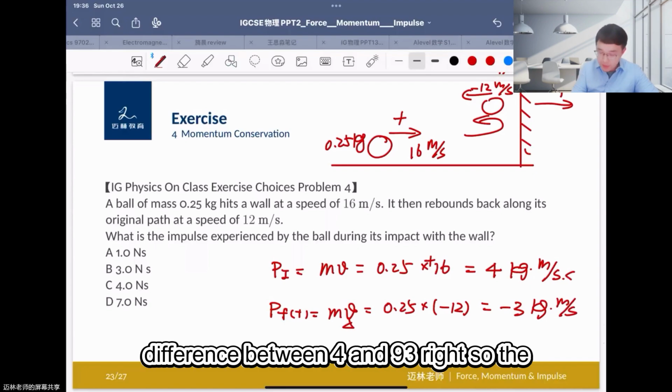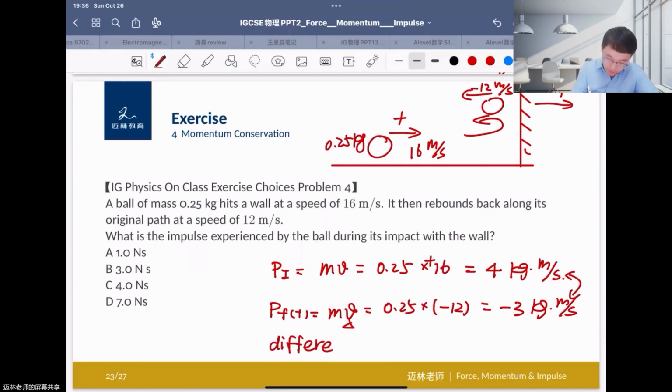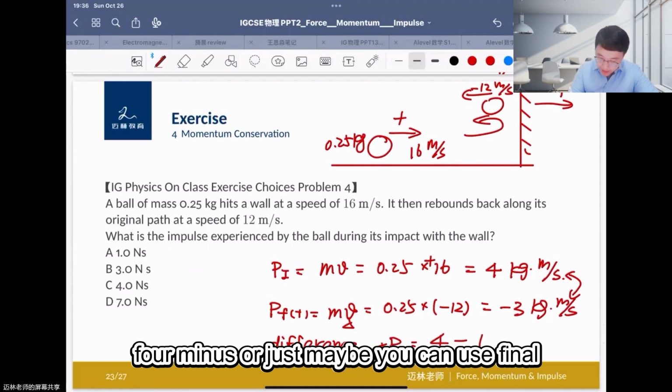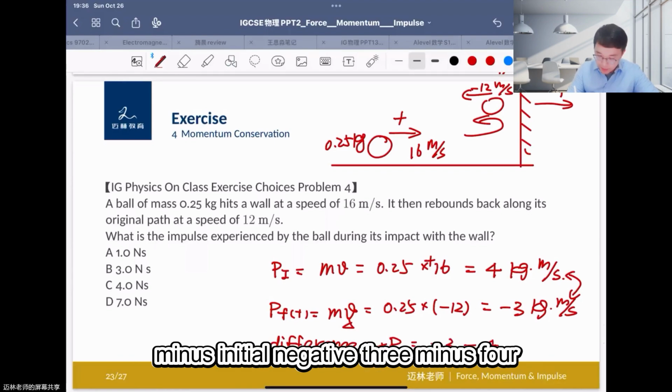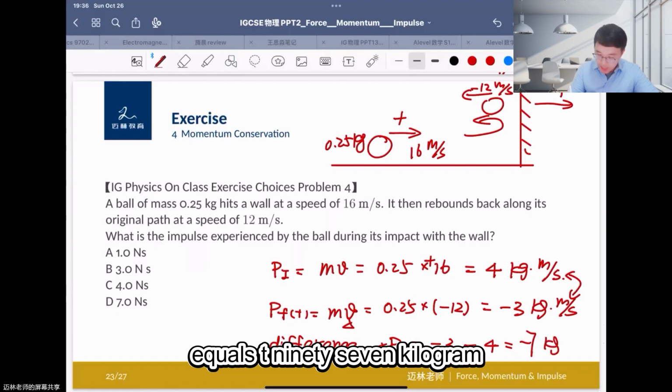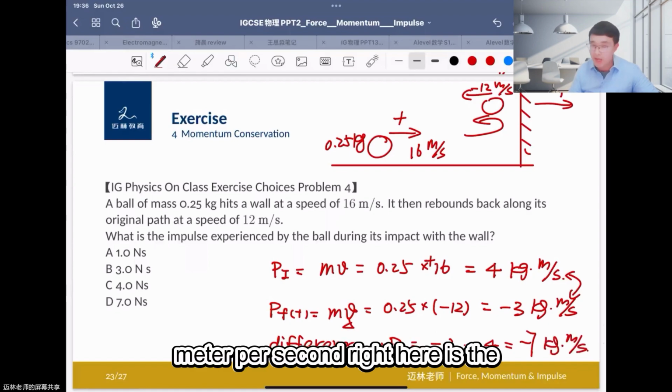So here we have the initial momentum and final momentum. There is a difference between 4 and negative 3, right? The difference equals, you can use final minus initial, negative 3 minus 4 equals negative 7 kilogram times meter per second, right?